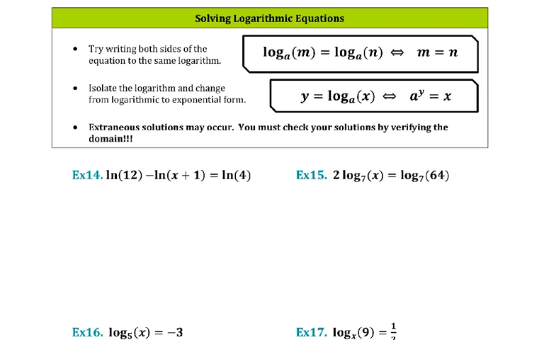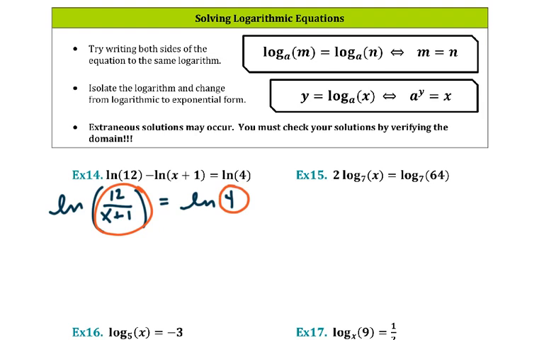So this would look like the natural log of, the numerator would be the first argument, 12, over the denominator, the second argument, x plus 1. And that would be equal to ln 4. So now that I have one log equal to one log, I can allow those logarithms to be equal to each other and drop my logs.